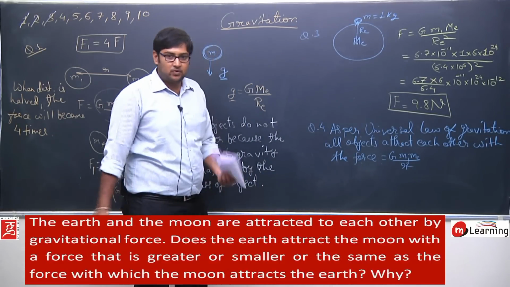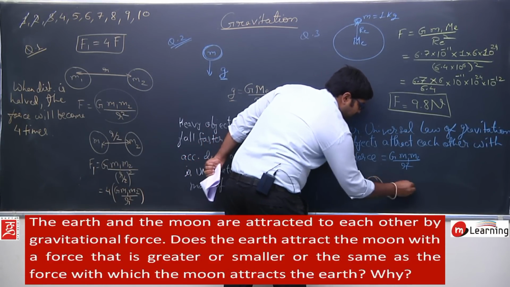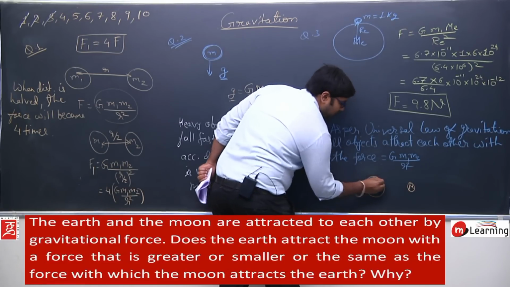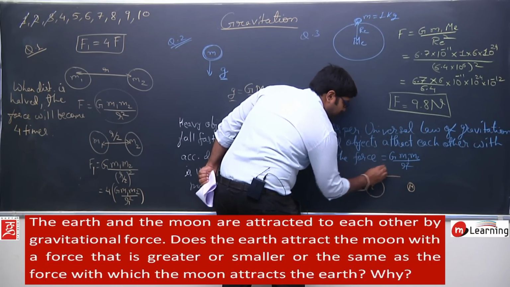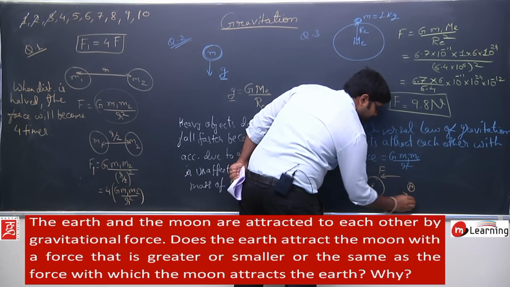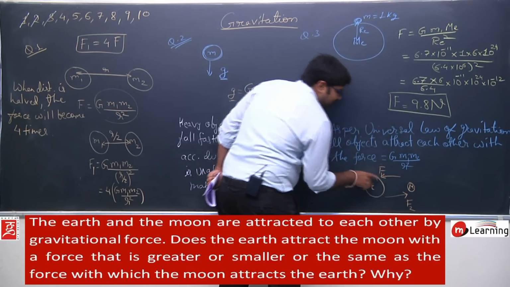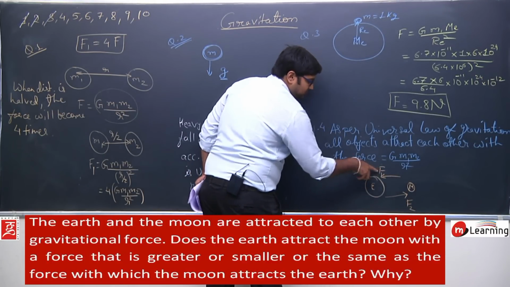This is what is given. So if this is the earth and this is the moon, earth will attract the moon towards itself with a force F and moon will attract earth towards itself with a force F. Let us say this is F1 and this is F2. So we can see earth is attracting the moon with a force F1.